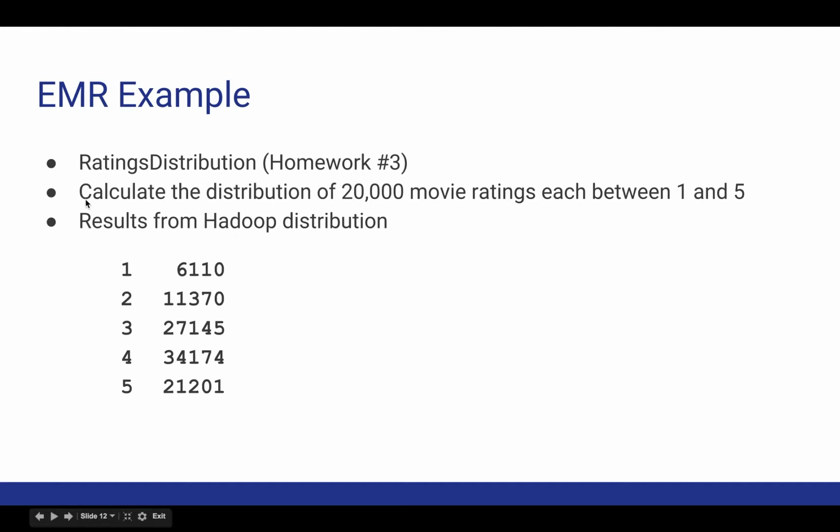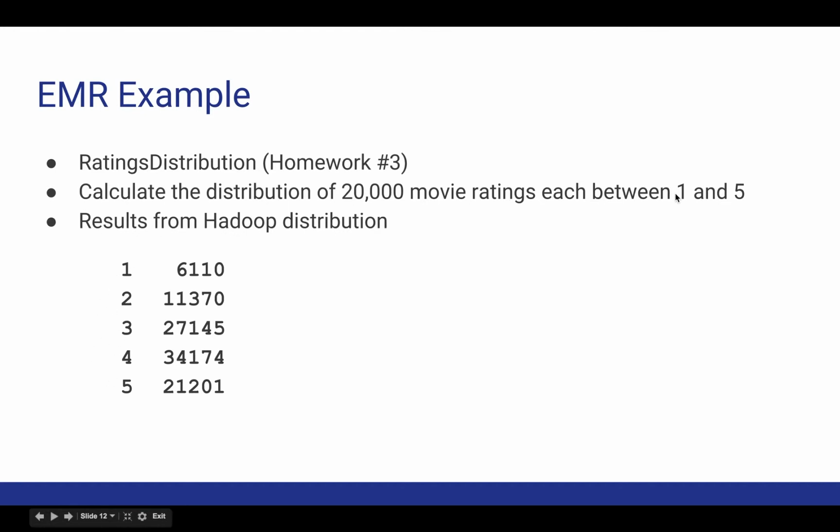You're probably infinitely familiar with this problem already, but just as a reminder, it's given a listing of 20,000 movie reviews by different users for different movies. It will compute the ratings histogram for those movies.